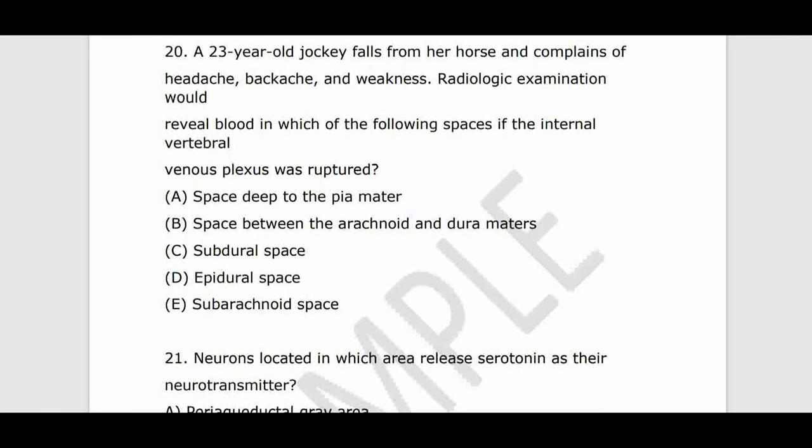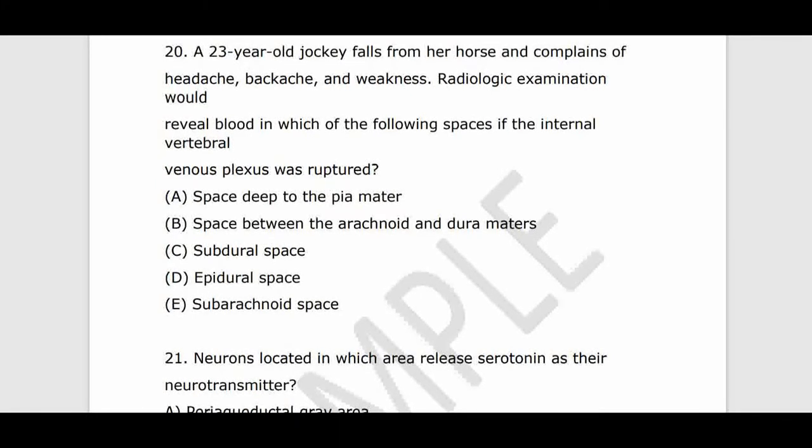Although you have internal and external vertebral venous plexuses, the difference is in the location. The internal is located within the vertebral column, in the epidural or extradural space, whereas the external is located outside the vertebral column, like outside the vertebra, lying on the body, and they are all interconnected as they go up.